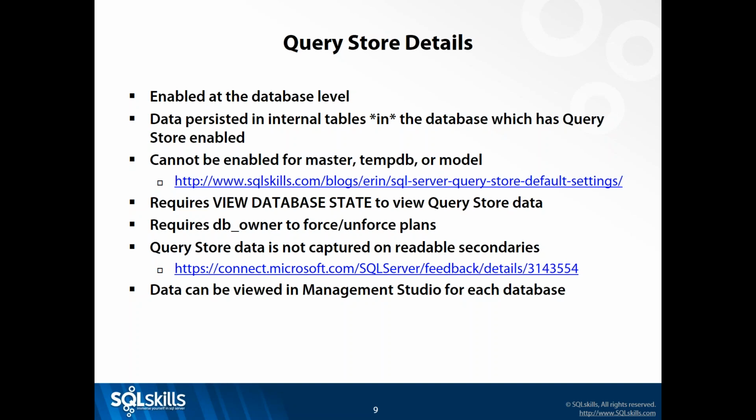That information gets propagated over to the secondary, just as any other user data would. But if you're querying that secondary, anything related to performance of those queries is not being captured in Query Store because your database is read-only. So the data from the primary gets propagated over to the one or more secondaries, but no performance data is captured on the secondaries.